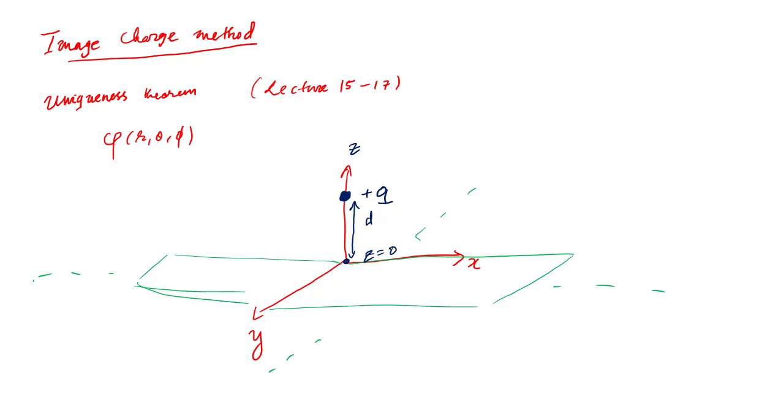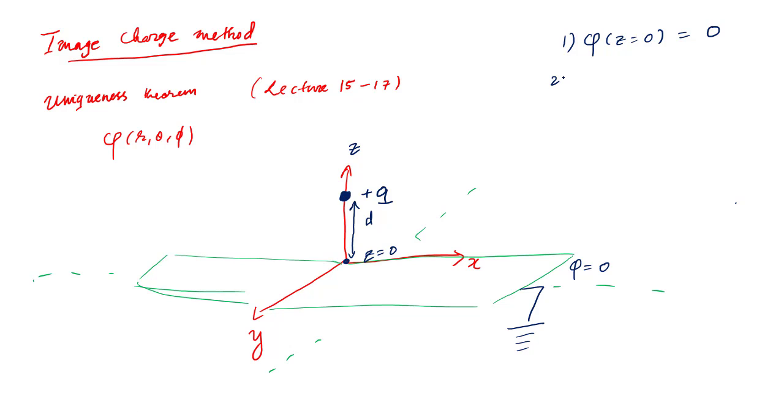And what we have to do is find out the potential for this problem. And this infinite conducting plane is grounded. So if this infinite plane is grounded, then that means phi is equal to 0 on the surface of the plane here because it is grounded. So we have our first boundary condition there, that phi at z equal to 0 is equal to 0.